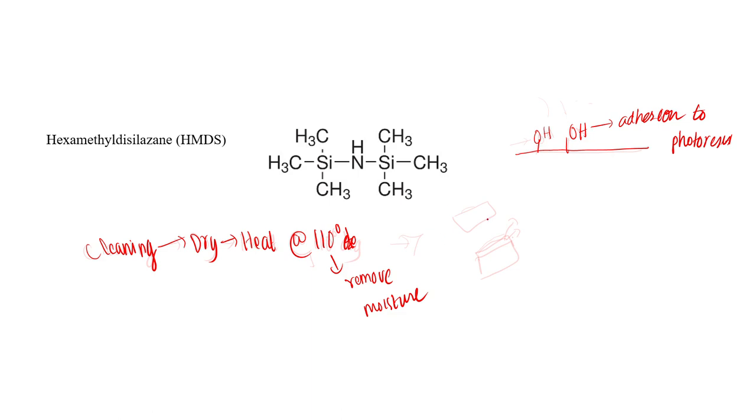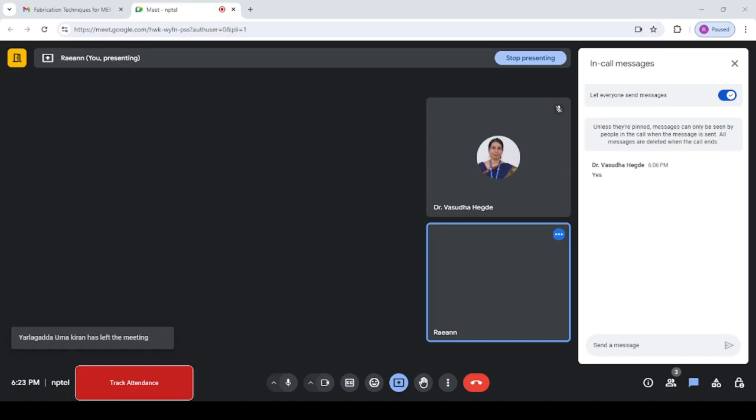But if you have a wafer with silicon and some silicon dioxide on the top, when you dip it in water, it will be hydrophilic, meaning the water will stick and form some sort of film on the surface. This is due to those OH bonds. So this will create this kind of bonds for the photoresist to come and stick readily on the surface. Is this clear? Okay. So the answer is it is used before photoresist coating to increase the adhesion of the photoresist.